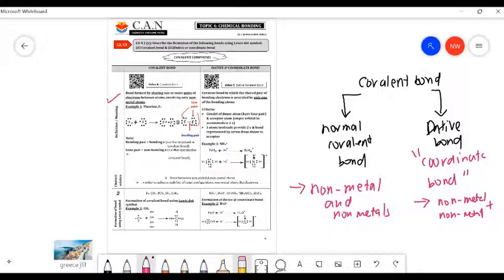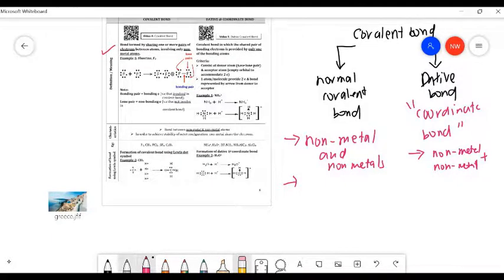The covalent bond is formed by sharing one or more pair of electrons between atoms involving only non-metal atoms. So, untuk normal covalent bond melibatkan equal sharing of electrons. Okay. Selalunya melibatkan equal sharing of electrons.